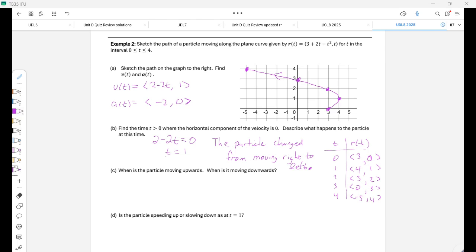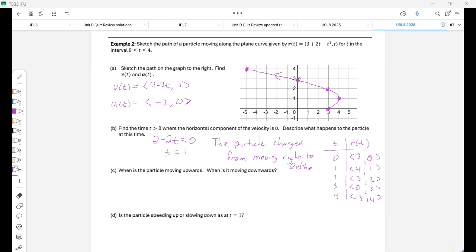The upward movement is constant, but the left to right movement is what's changing. And that's what that tells us. So this particle is always moving up because its velocity is always positive.